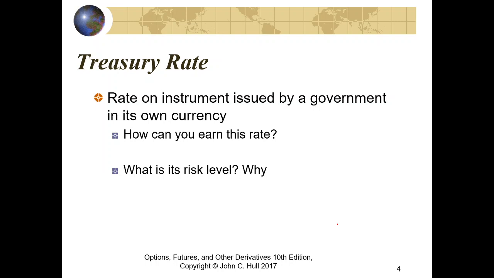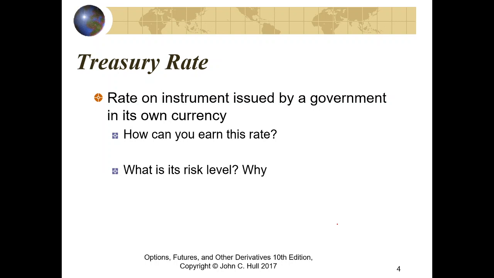Let's say the treasury rate you observed in the financial press is 1.5%. How can you earn this rate? Well, it depends on the treasury bill or treasury note or treasury bond that provides this rate.